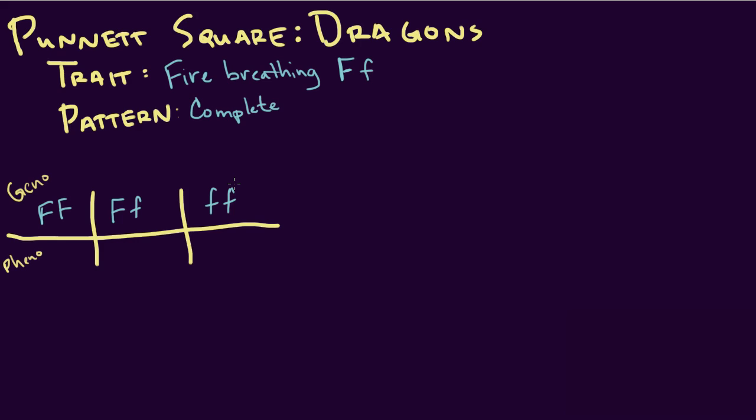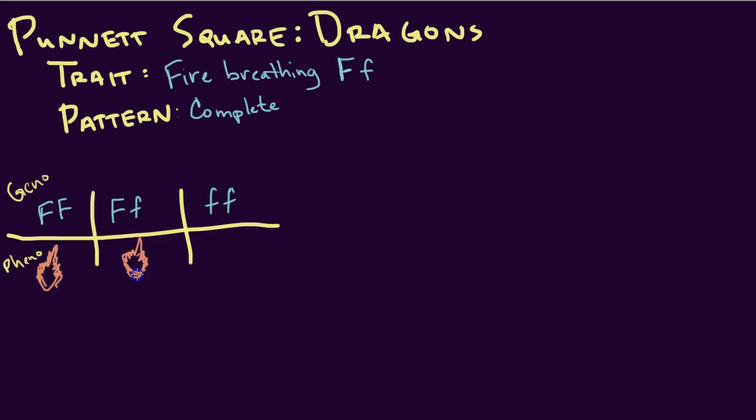The phenotype, remember, is going to be the observable characteristic that that gene gives rise to. So in this case, since we have a complete dominance pattern, if we have capital F capital F, we are going to be able to breathe fire. So I'm going to draw some fire there. All right, that kind of looks like fire, right? Okay, if we have capital F little f, we also will be able to breathe fire.